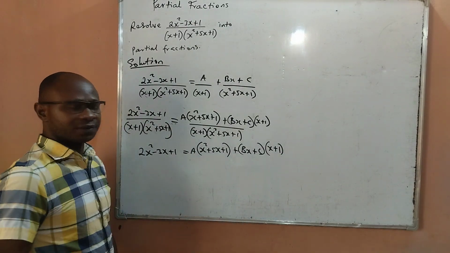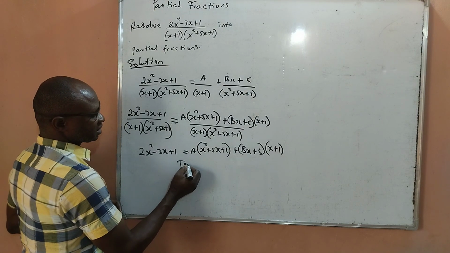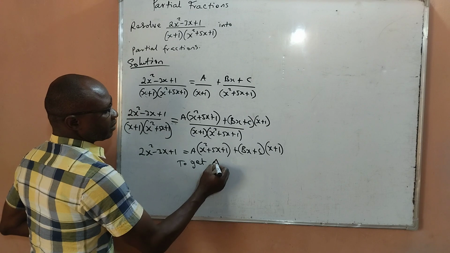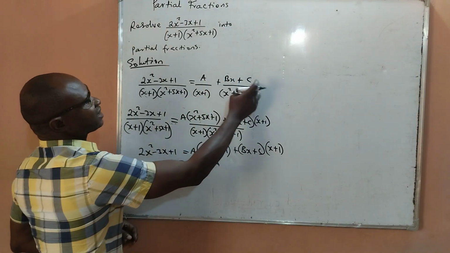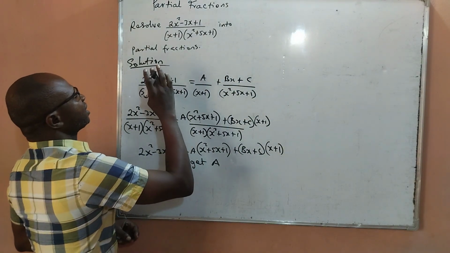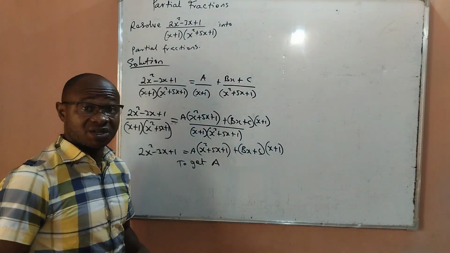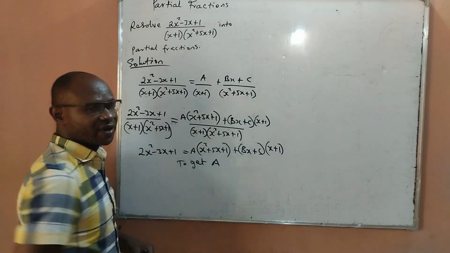We can now move on. First and foremost, I want to get A. When I get the values of A, B, and C, I'll just replace them in their positions, and that will be the partial fraction that is required. That is splitting the compound fraction into partial fractions.